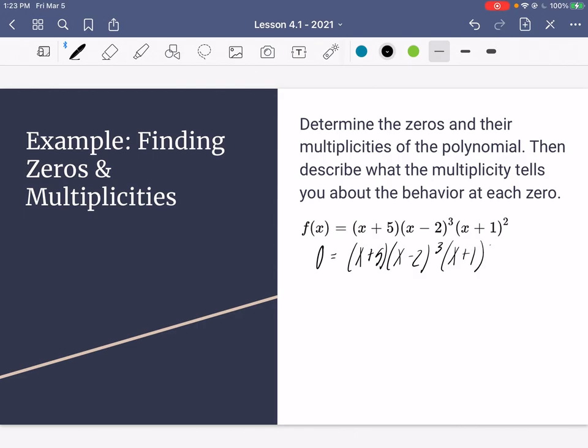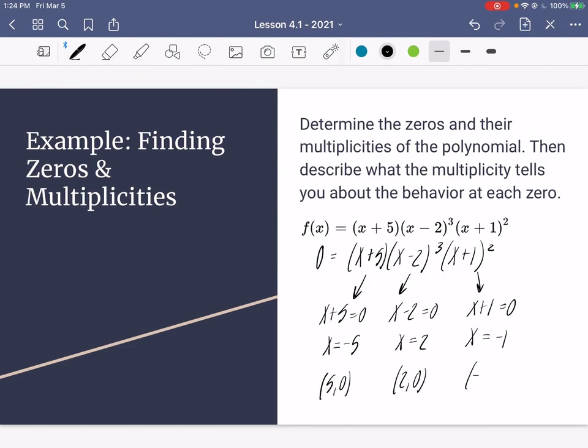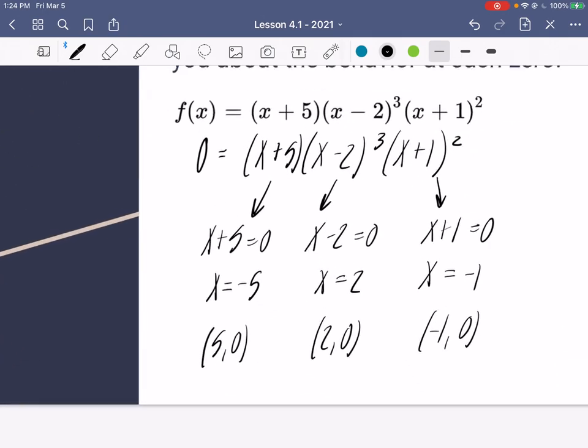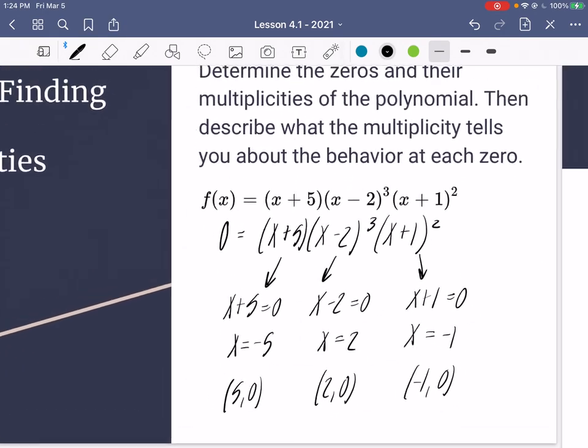So instead of having to write this out and set f of x equal to 0 and then set each factor equal to 0 and solve, you can probably just do this in your head. So we get the zeros of -5, 2, and -1. So (-5, 0), (2, 0), (-1, 0). Those are my 3 zeros here.